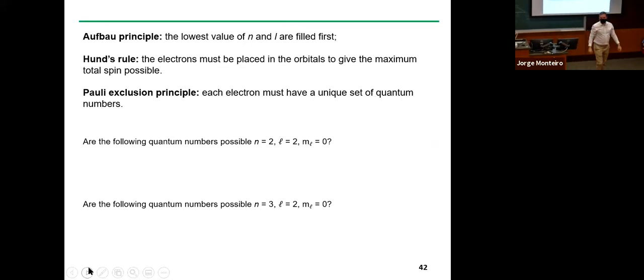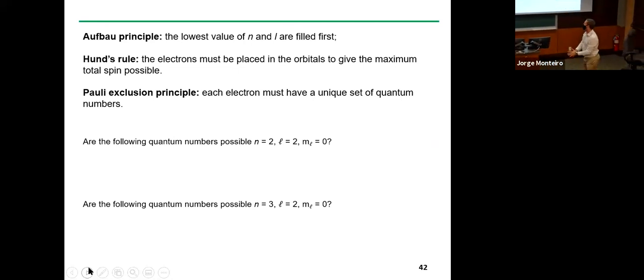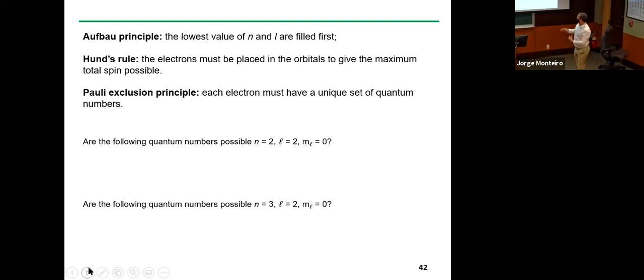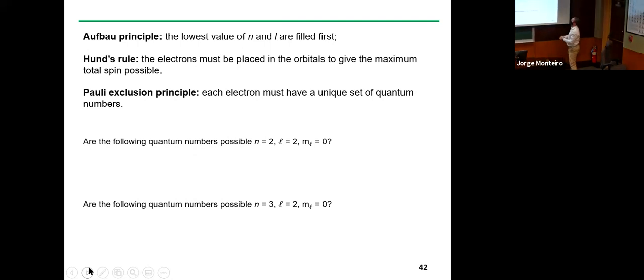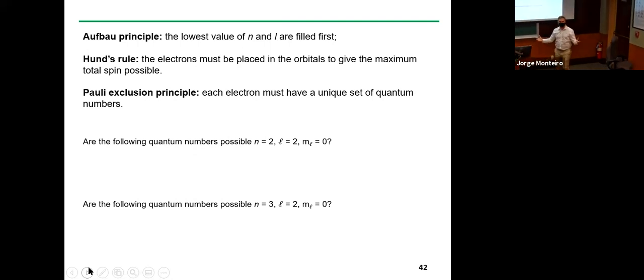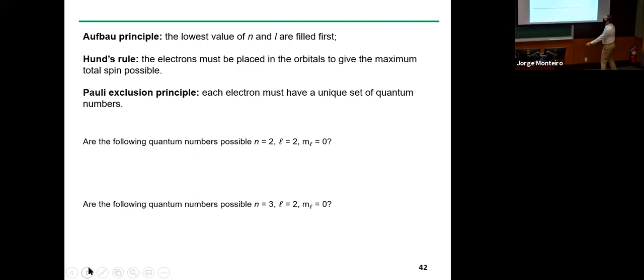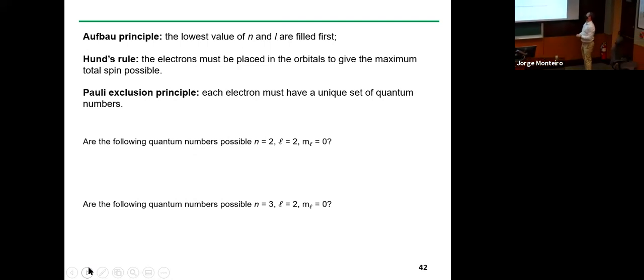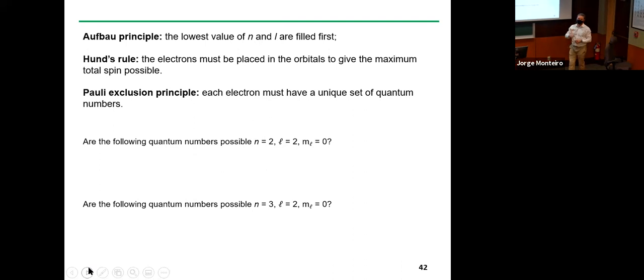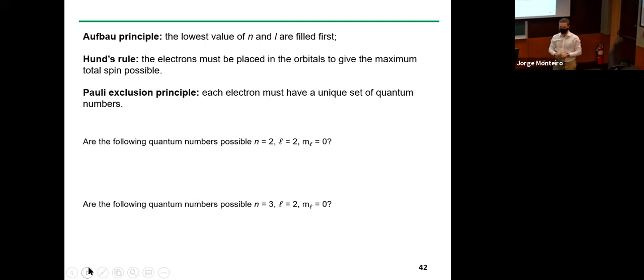Okay, let's go back in our memory. Remember Hund's rule: electrons must be placed in the orbitals to give the maximum total spin possible, because that will allow them to exchange, stabilizing the system. And the Pauli exclusion principle: each electron must have a unique set of quantum numbers.